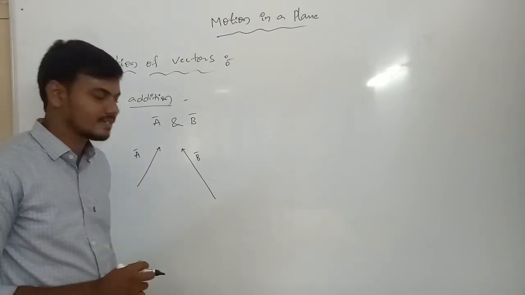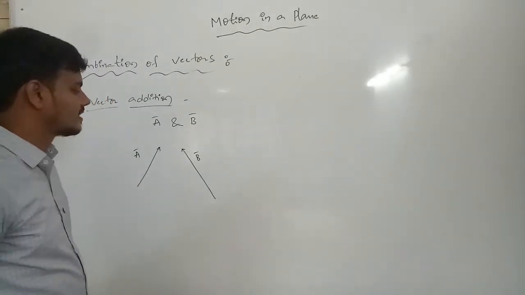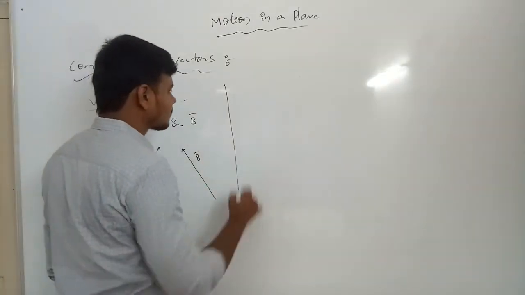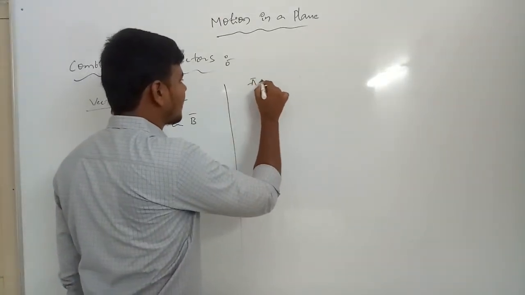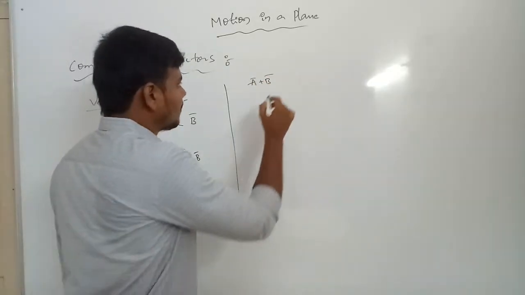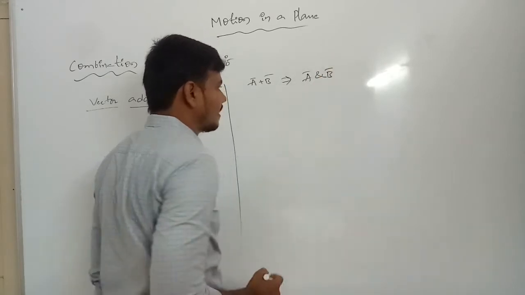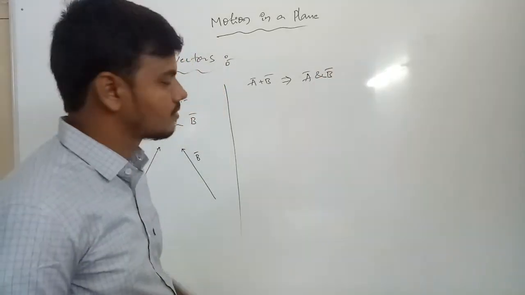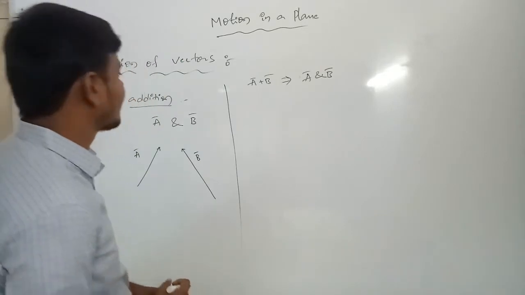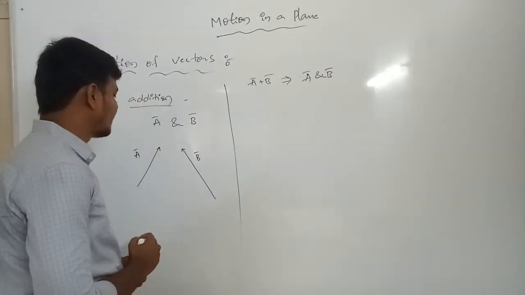Now vector addition: a bar plus b bar. This is the addition of the vector property. The a bar and b bar vectors are introduced into vector addition. A bar plus b bar.